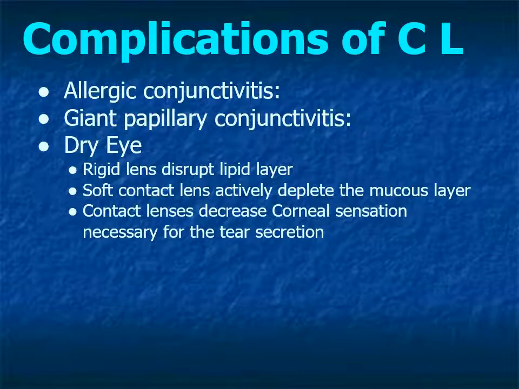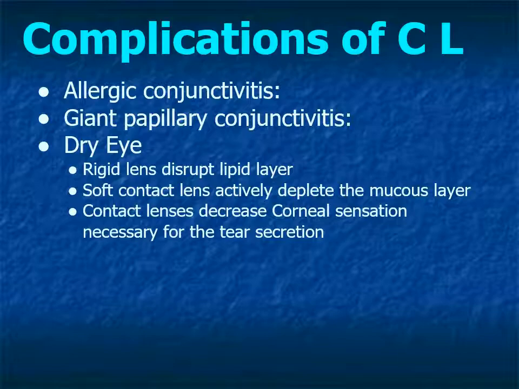And when the contact lens becomes old, the edges are worn out and raised, they may cause continuous rubbing on the conjunctiva, leading to giant papillary conjunctivitis, having a bigger cobblestone type papillae appearance.